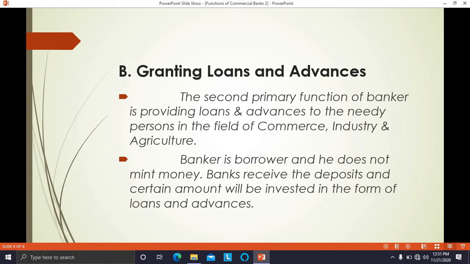The bank does not mint money or issue notes, but the banker receives deposits from the depositors, and a certain amount of those deposits will be used for giving loans and advances to the needy people.